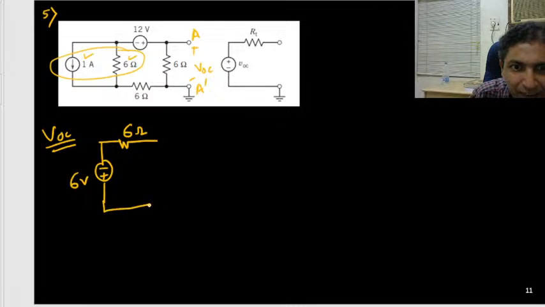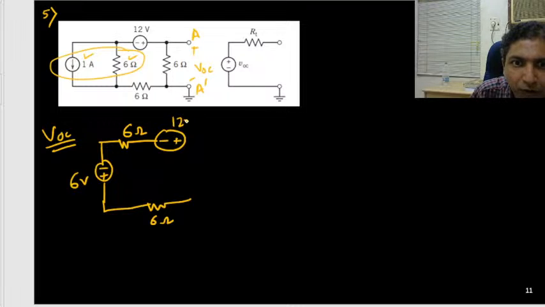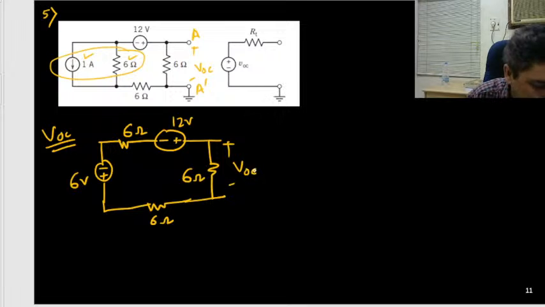Okay, then this is your 6 ohm, and here is a voltage source, plus minus, 12 volt, then this is your resistance 6 ohm. We need to find this potential VOC. Good.